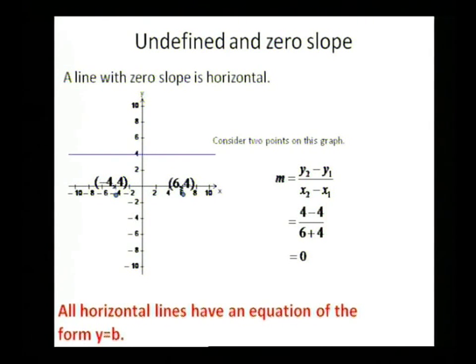We can see that all horizontal lines have an equation of y is equal to b. So here the equation of this line is y equal to b, that is equal to 4. So the equation of that line is y is equal to 4, because this is the horizontal line with slope 0, right?